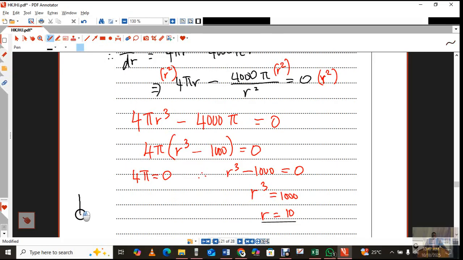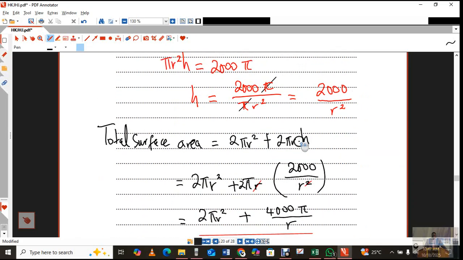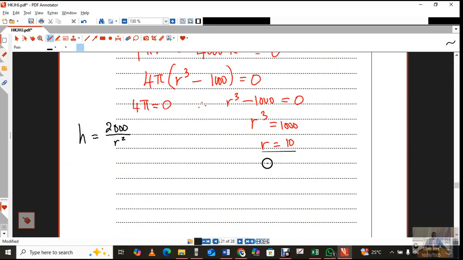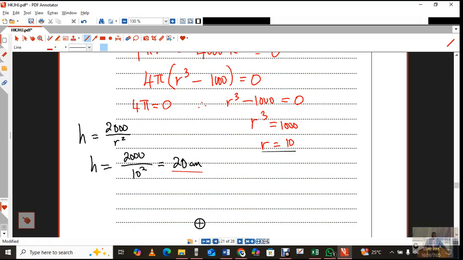From the work before, we know that h was equal to 2,000 over r squared. So now I know what my r is, so my h value will be 2,000 over 10 squared, which makes this 2,000 divided by 100, which is just 20 centimeters. So h is equal to 20 centimeters.